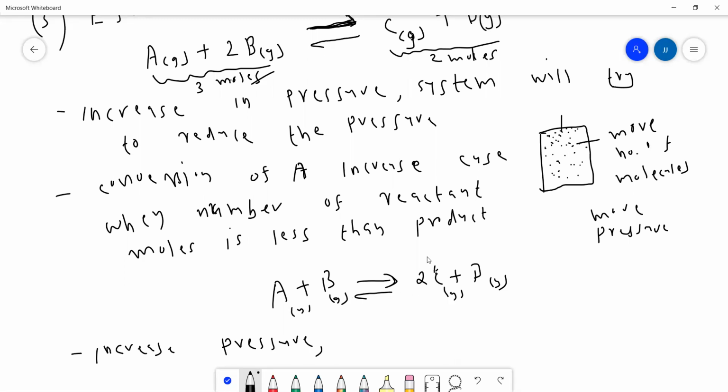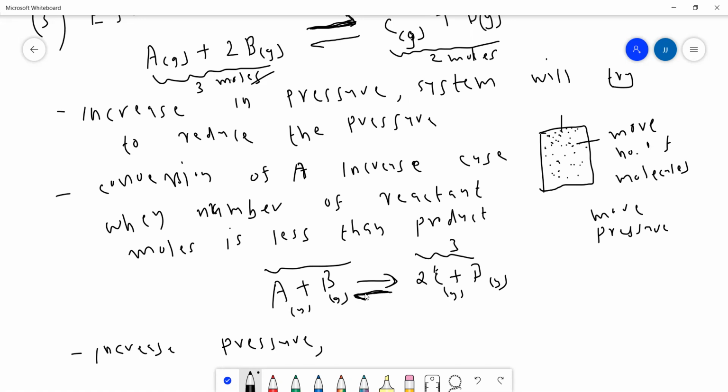So these three molecules react to produce two molecules, and the pressure will be reduced. So the equilibrium shifts in the backward direction.